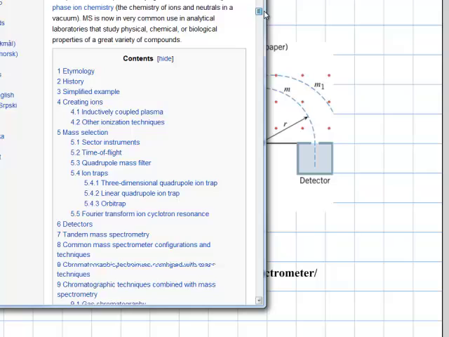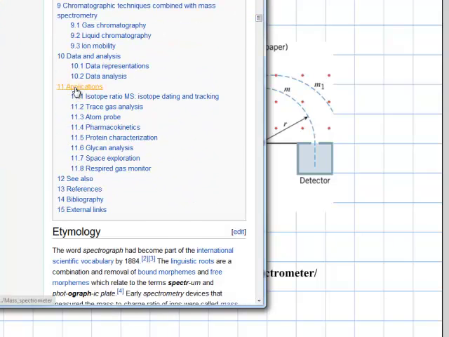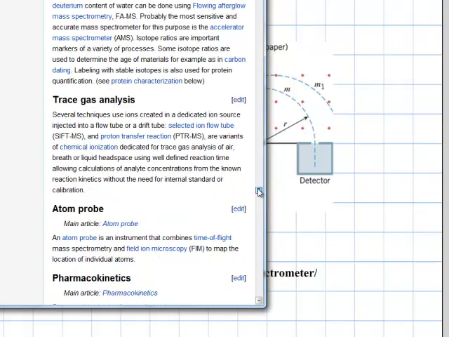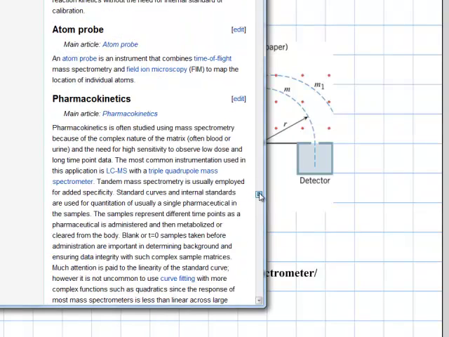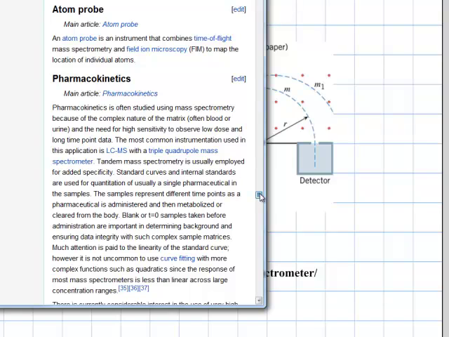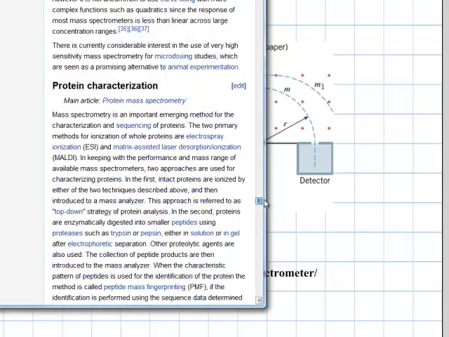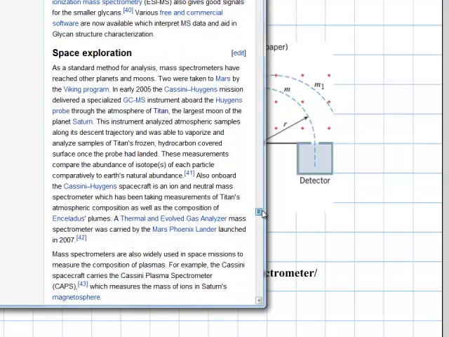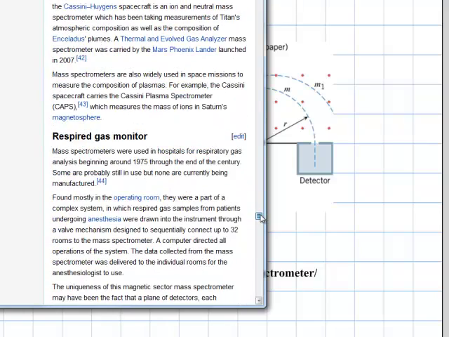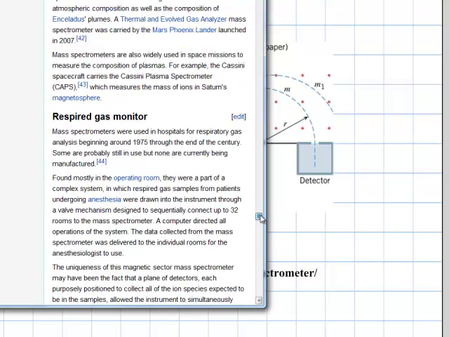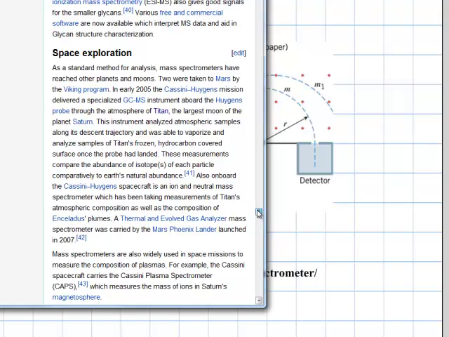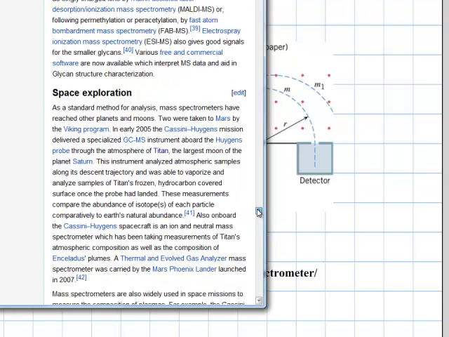Then I scroll down to applications, and there it says isotope dating and tracking, trace gas analysis, atom probe, pharmacokinetics, protein characterization, all kinds of applications. Glycan analysis, you can come up with lots of stuff that mass spectrometry is used for. Chemists, biologists, in forensics, in lots of fields where you can imagine that this kind of method would be used.